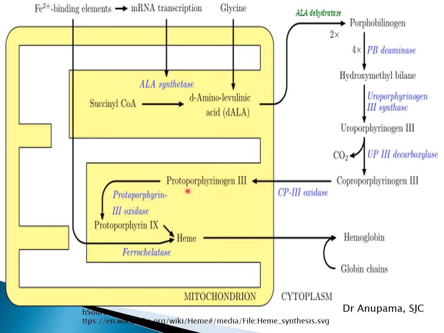And in the mitochondria, heme synthesis takes place. Now this heme has to combine with hemoglobin. So it is transported into the cytoplasm again, where it combines with the globin chain and results in hemoglobin. So this is how hemoglobin is produced by our cells.